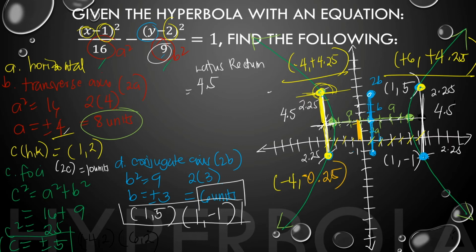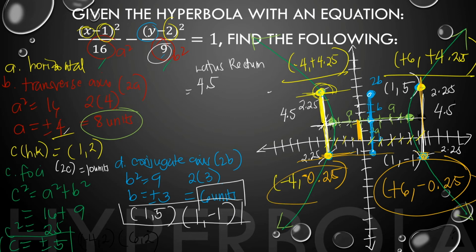And then, yung pang-apat, panghuli, tapat niya yung second na sa x-axis. So, magiging 6 din siya. Katapat naman niya itong pangatlong endpoint sa y-axis. So, negative 0.25 naman din siya. So, ito yung mga endpoints ng latus rectum.